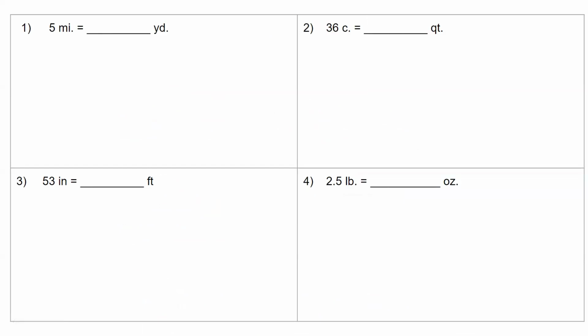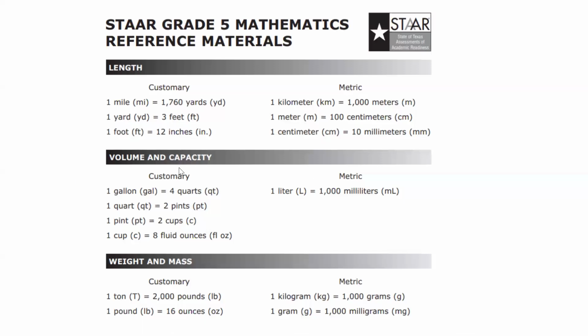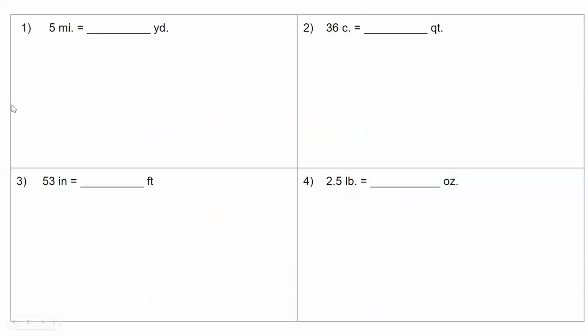Now, do you remember from the problem how many miles went with how many yards? Let's look again. We see 1 mile goes with 1,760 yards. So let's quick write that down before we forget. We've got 1 mile equals 1,760 yards. Remember again that we have miles under miles and yards under yards.